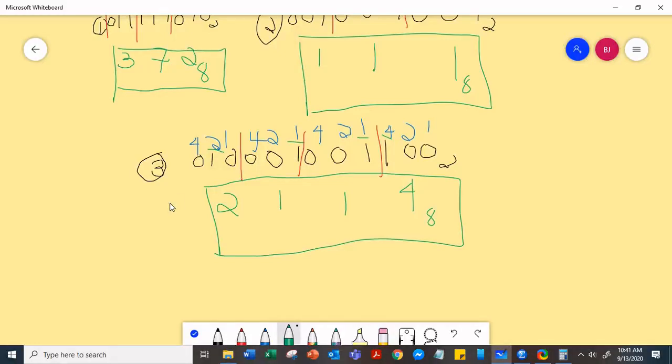So it is really not that difficult to actually convert binary to octal. Same with converting binary to hexadecimal, and they're actually quite similar.